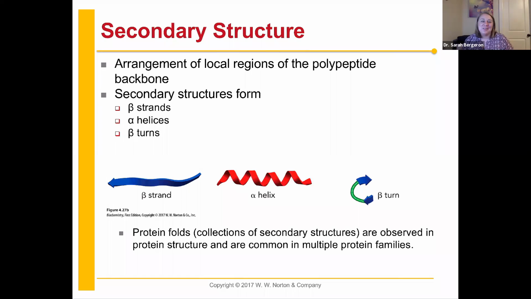All right, so secondary structure. Secondary structure is an arrangement of our local regions of the polypeptide backbone. And so usually it's pretty regular and repetitive. So we have secondary structures that are very, very common: beta strands, alpha helices, and beta turns. And the reason that we only have these basic 3 different structures is because there are physical constraints on these amino acids, right?